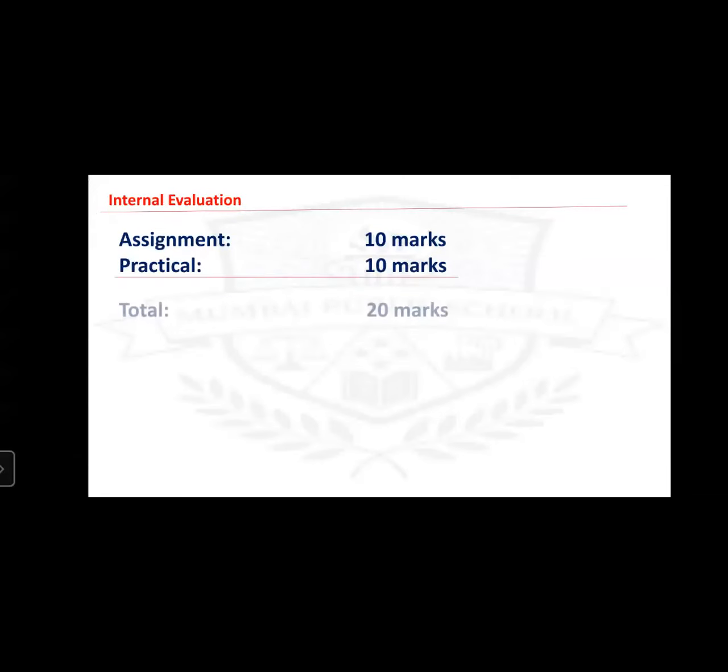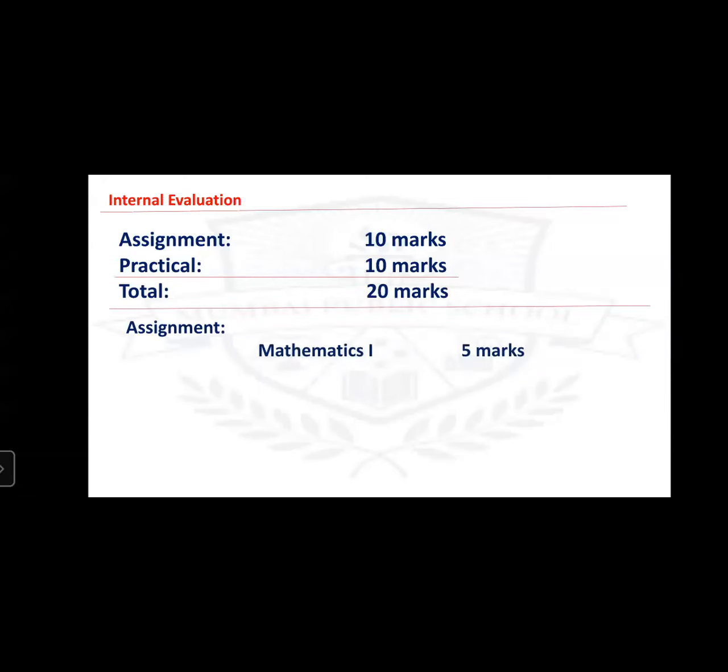So mathematics 1 assignment is 5 marks and mathematics 2 assignment is 5 marks, that is equal to 10 marks. Written 80 marks plus assignment 10 marks is equal to 90 marks. Then what about practicals? Practical is of 10 marks.